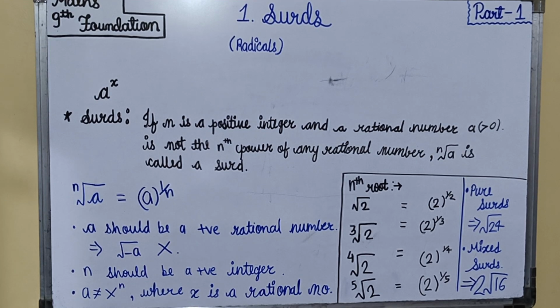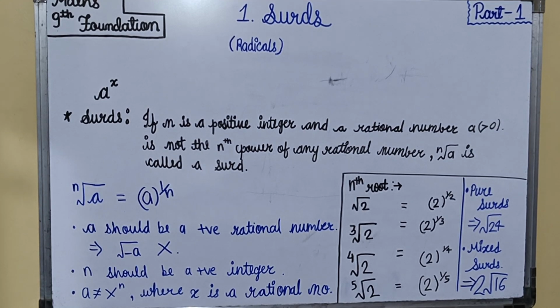And the fifth one is, if m and n are integers for a positive rational number a, nth root of a raised to p is equal to mn-th root of a raised to pm, like this. I hope you've understood till this.